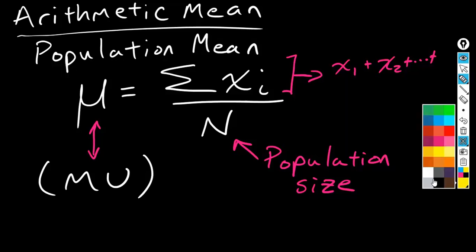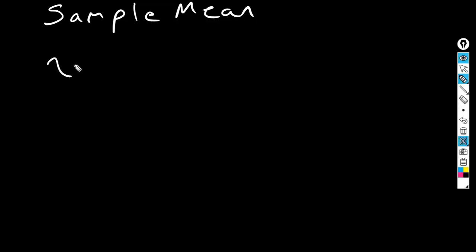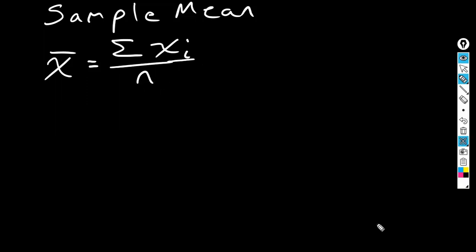Before we do any example, let's look at the sample mean. The sample mean is very similar. This is one of the few exceptions to statistics just being represented by a letter, because as we can see up here, this is x bar, and that is how we would pronounce it.